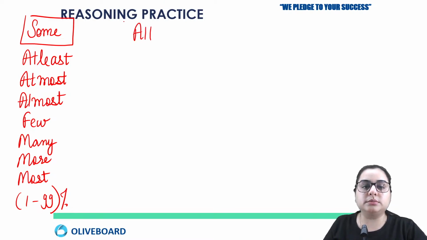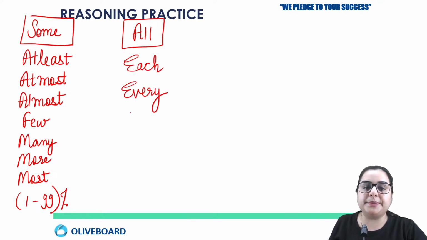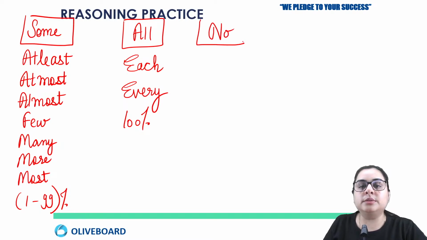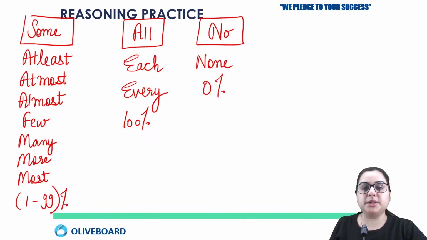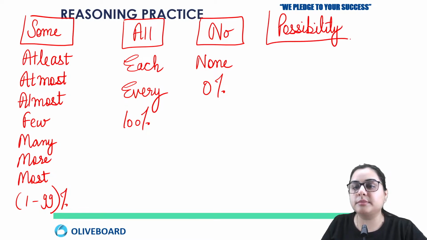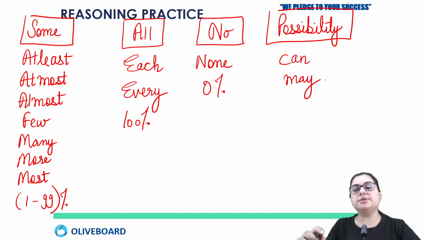Now for all: each of A is B, every A is B, 100% A is B. This means that all A is B. Now for no, if I say none of A is B or 0% A is B, that means no A is B. Now if I consider the word possibility, if I say can be B or maybe B, these are the substitutes for the word possibility.